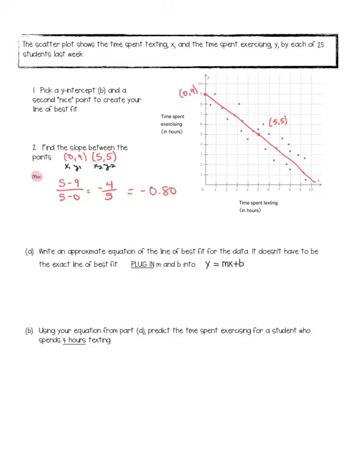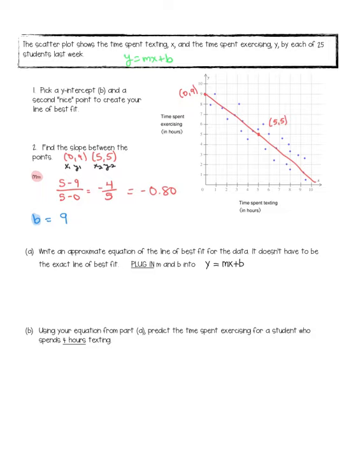Now, even though it's not indicated, I'm going to write my b. My b is my y-intercept. My b is 9. I'm going to highlight that too. Now I'm going to put it all together. Remember, y equals mx plus b.